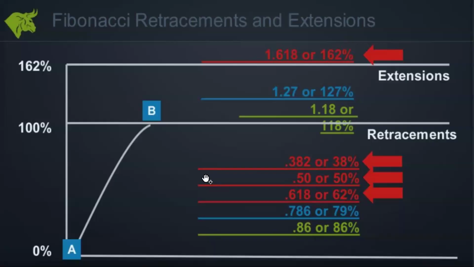What this market is telling you, what this Fibonacci is telling you is that you see this red for red, blue for blue, green for green. If the market retraces to 38.2, 50, 61.8, these 3 levels, when the market wants to extend, it will extend to 161.8.